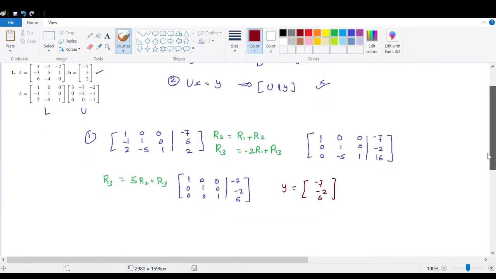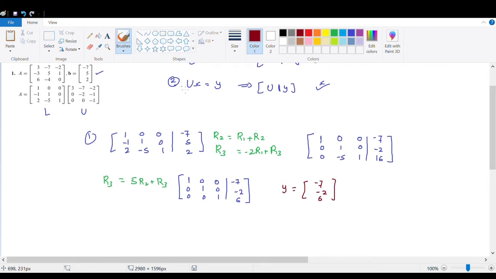Now the second step is to use row operations for Ux = y. So from here our matrix U is [3, 0, 0; -7, -2, 0; -2, -1, -1]. We solve this for x, so we use our y, [-7, -2, 6], and do row operations to find x.